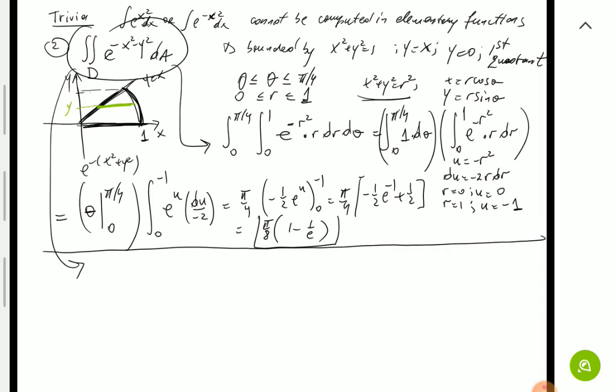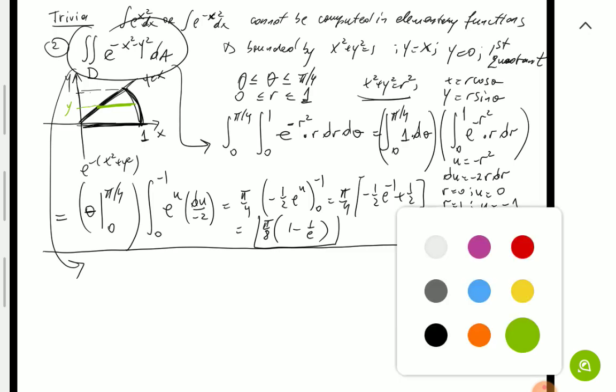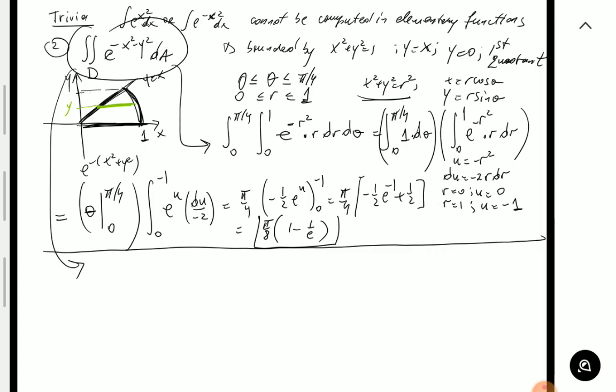Once again, we need to figure out the bounds from that intersection, the intersection between the circle and y equals x. If y equals x, that becomes 2y squared equals 1, and y equals 1 over root 2, or square root of 2 over 2. So the bounds for y on the outside will be 0 and 1 over root 2.